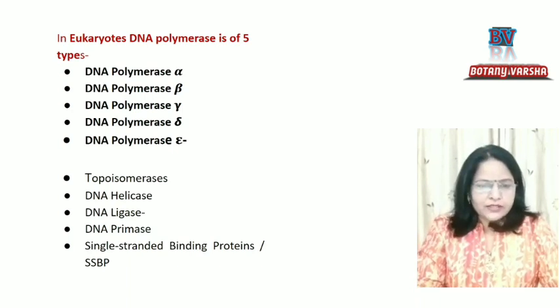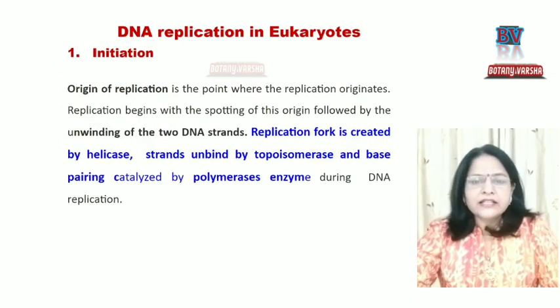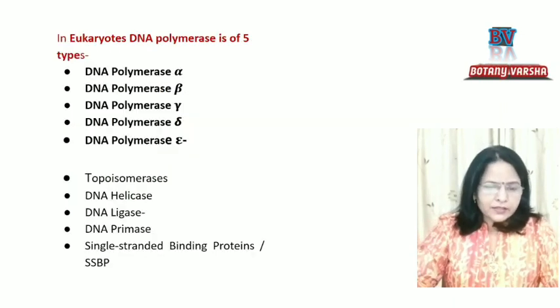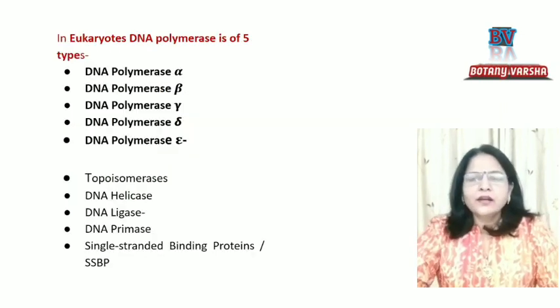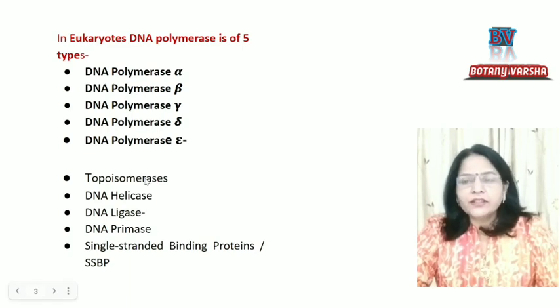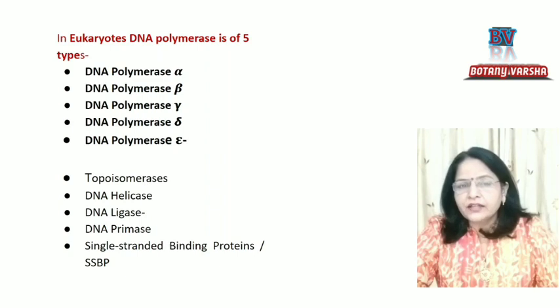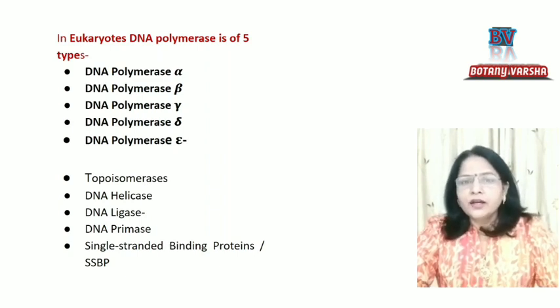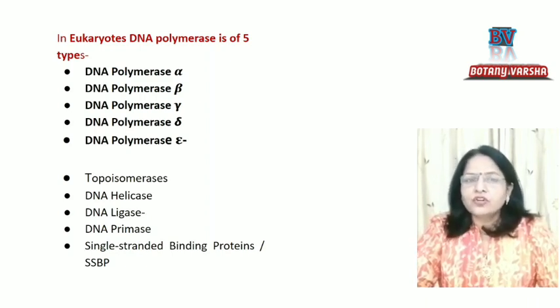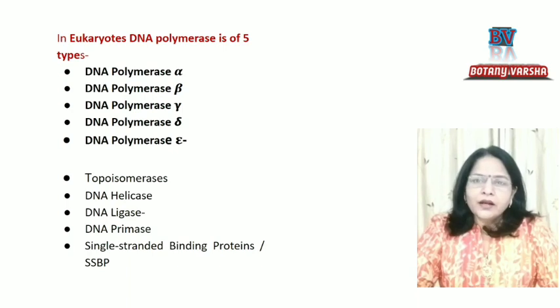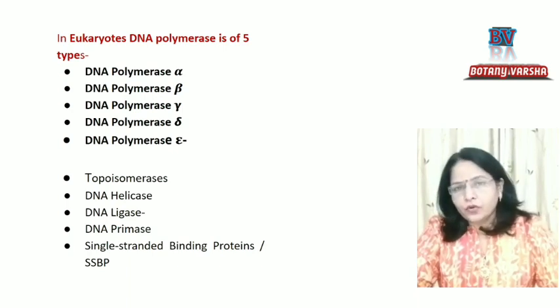Some other enzymes are topoisomerases. These are concerned with the breaking and resealing of DNA strands to relieve the tension of the coiling, and they keep DNA untangled. So the function of topoisomerase is to relieve the tension of the coiling.